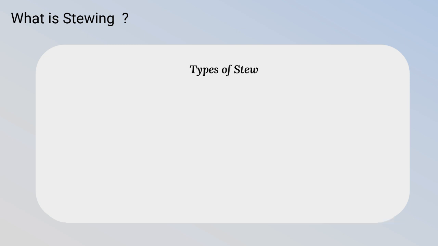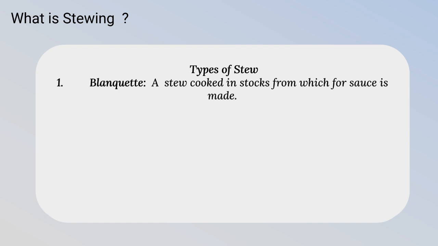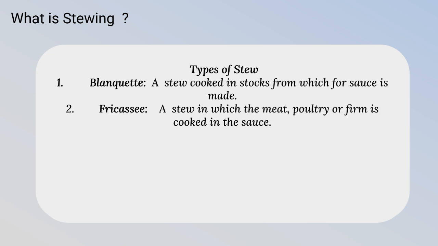Now I'll mention a few very popular international stews. Number one is known as blanquette. It is a stew cooked in stock from which the sauce is made. Fricassee, a stew in which the meat, poultry or fowl is cooked in the sauce.